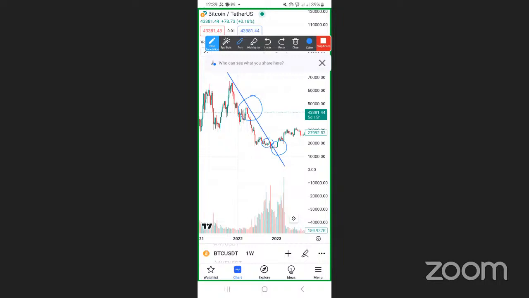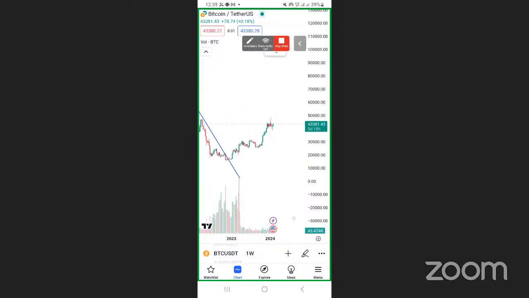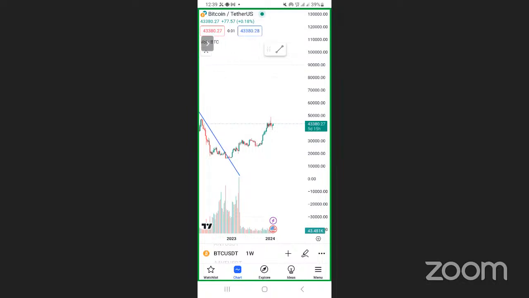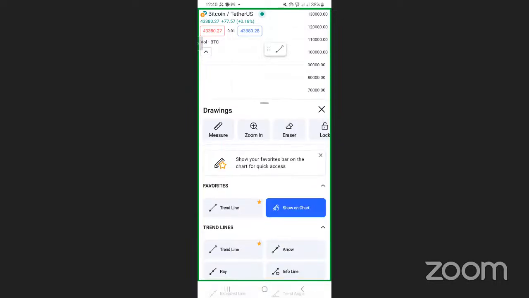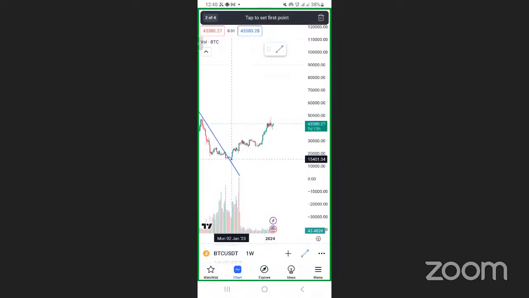Let me first remove this, and then I make another line. Like you see, the trend changed, and we are now in an uptrend. I click on, then I add a drawing, click on my trend line.